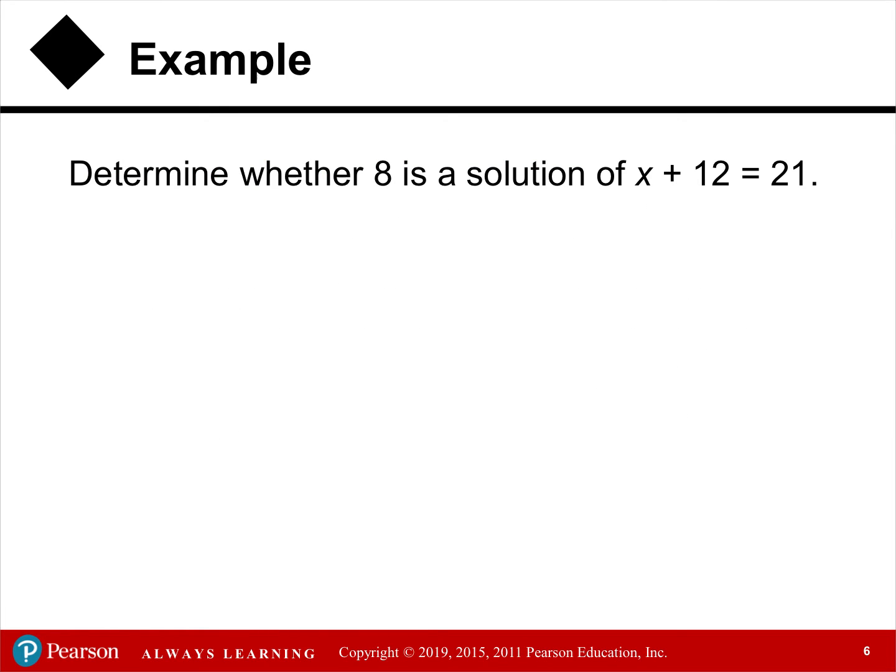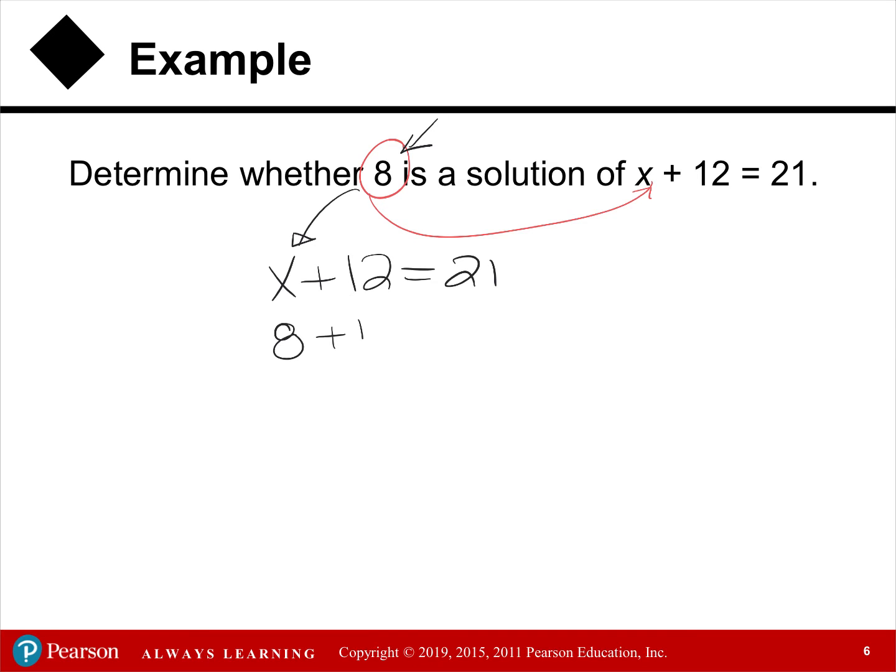This one says, determine whether 8 is a solution of this. The first thing we want to do is write out the equation. And then we're going to take this number and put it into x's place. So I'm going to write 8 plus 12 equals 21.